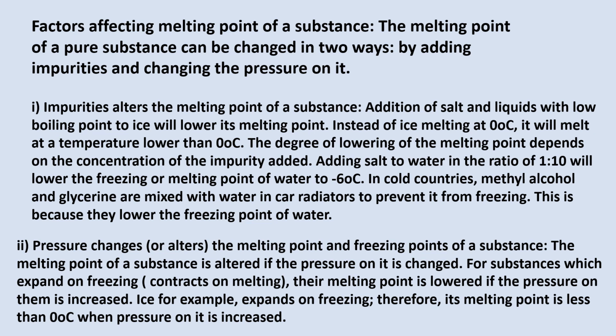Addition of salt to ice will lower its melting point. Instead of ice melting at 0 degrees Celsius, it will melt at a temperature lower than 0 degrees Celsius. The degree of lowering of the melting point depends on the concentration of the impurity added.